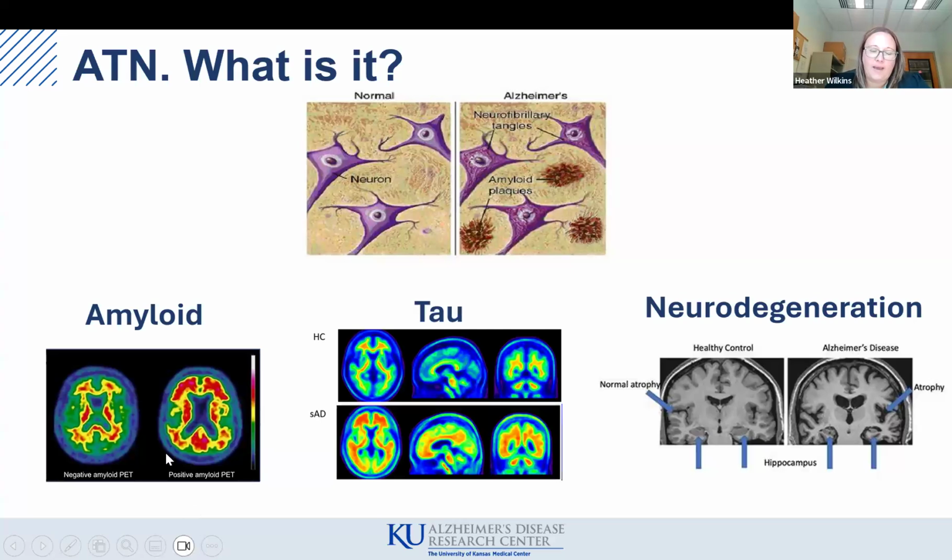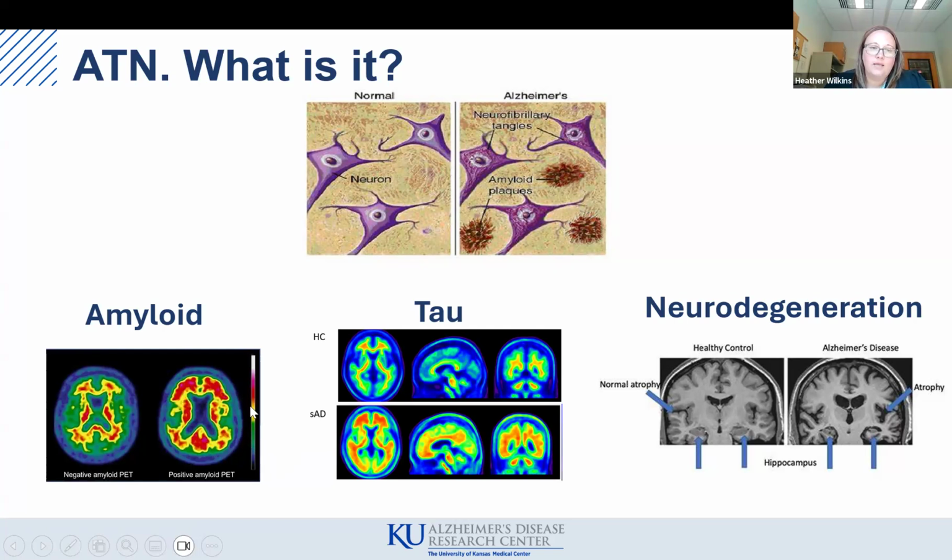So we have amyloid PET scans. That would be where you would go in and get injected with a tracer that then binds in the brain to the amyloid that's present there. Then when we take the image using the PET scanner, we would get something like this. Here, the more red, the more amyloid is present.